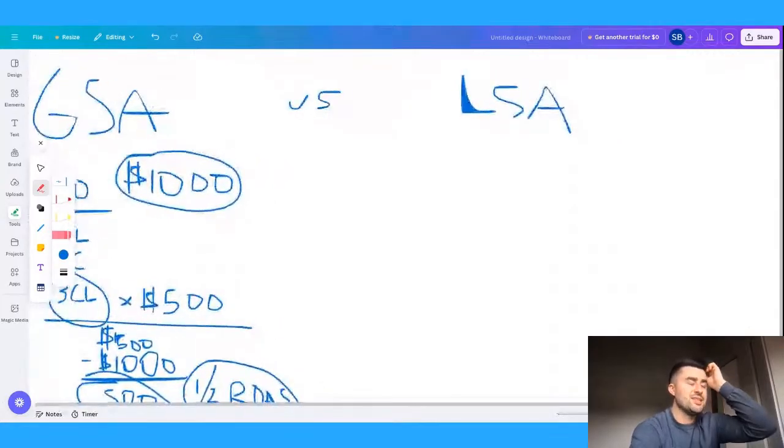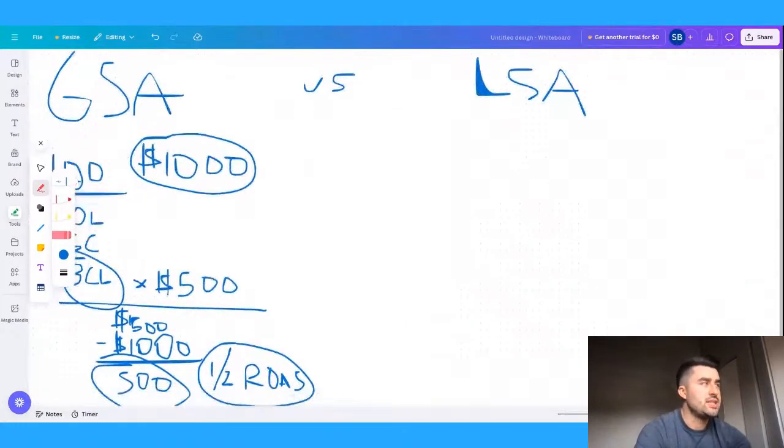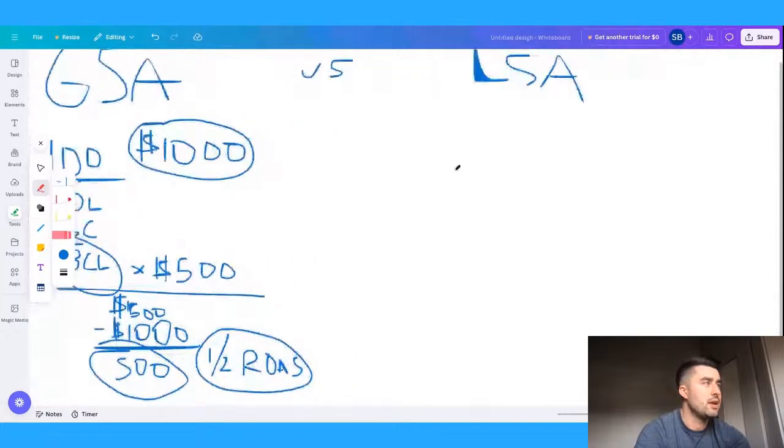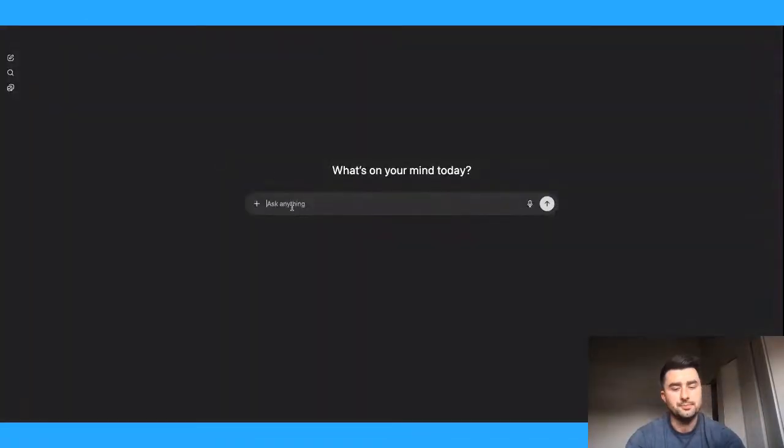So LSA, the nice thing about LSA is you're paying per lead, right? So let's use the same example. Let's say we have 10 leads here, right? And let's ask ChatGPT here, because I don't know how much it's going to cost. What's an average cost per lead for Google LSA for plumbers?